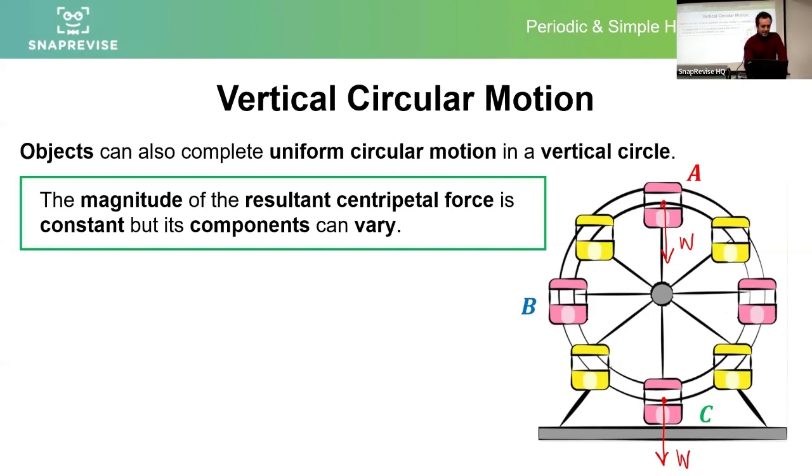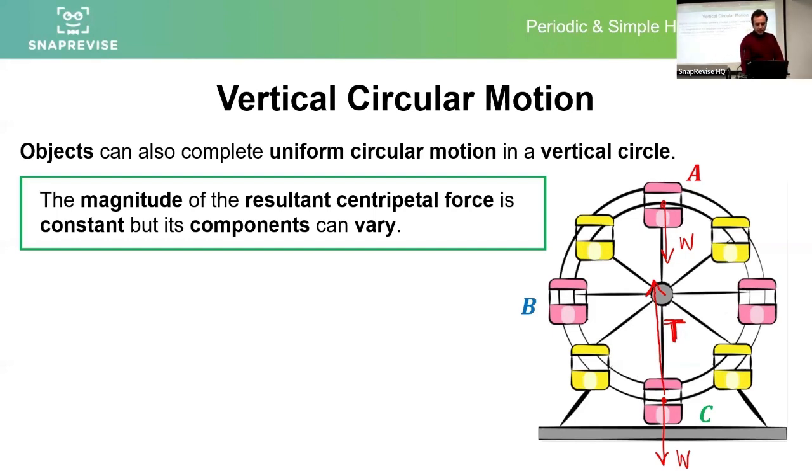Sometimes it acts in alignment with it, for example, at A, but sometimes it acts against its interests at C. What needs to take up the slack then and counteract the weight and then go some more is the tension. So at point C, the tension is going to have to be really big because not only does it need to support the weight of the carriage, but it also needs to provide some centripetal acceleration.